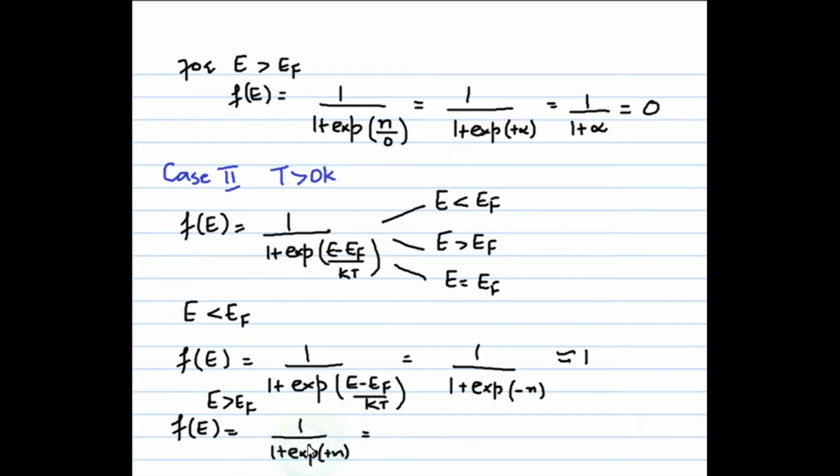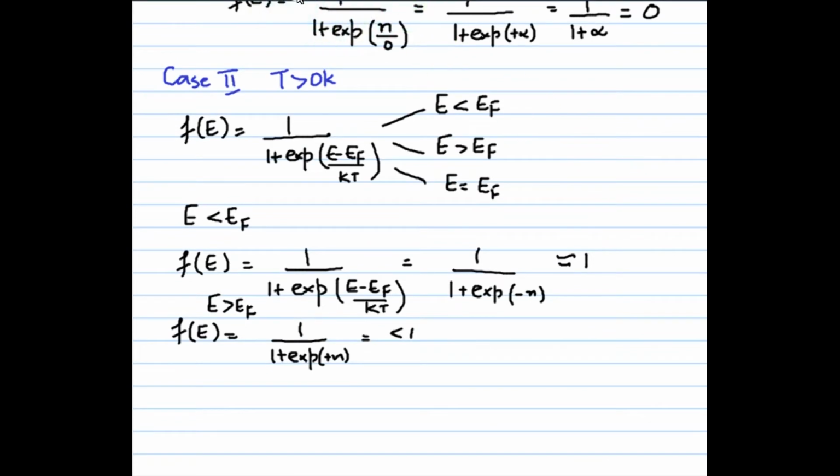So the denominator will be greater than 1, so f of E will be less than 1, isn't it? Its value will start decreasing, because this denominator will be a bigger number. So this is E greater than EF, this is E lesser than EF.